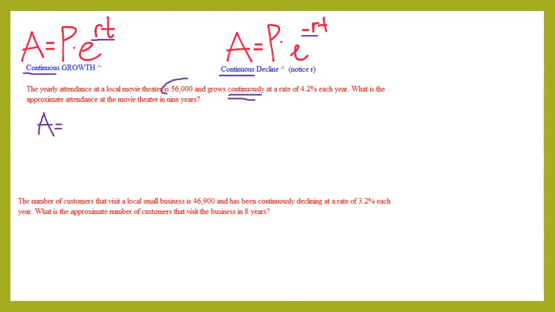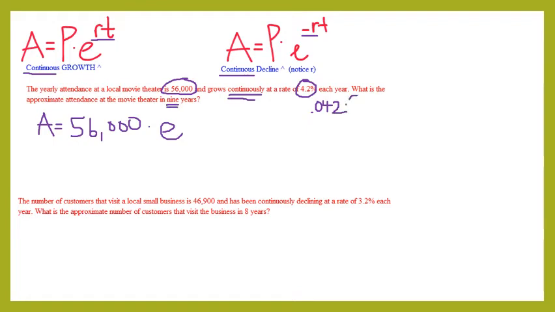So here we're starting out with a population of 56,000 at a movie theater, and then times E. I'm leaving E as is because I need to use that on my calculator. And then my exponent is the rate times the time. Well, my rate is 0.042, and my time is 9 years.